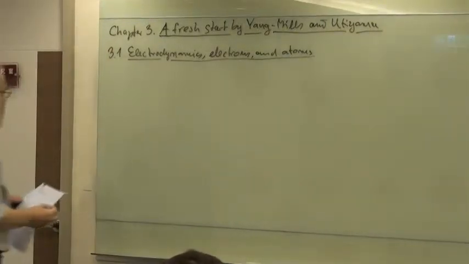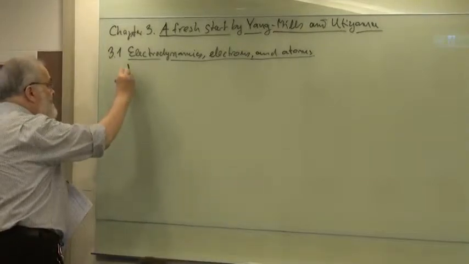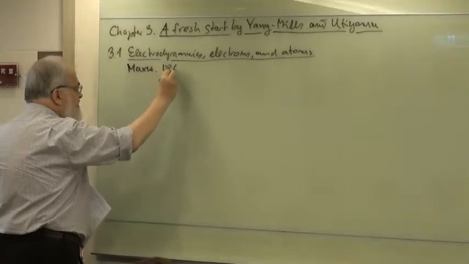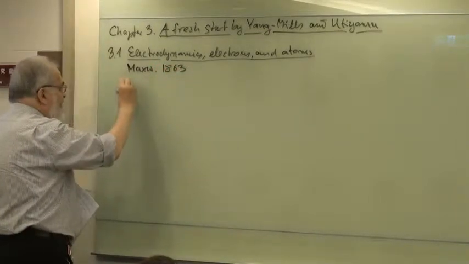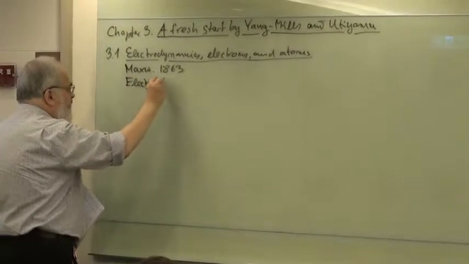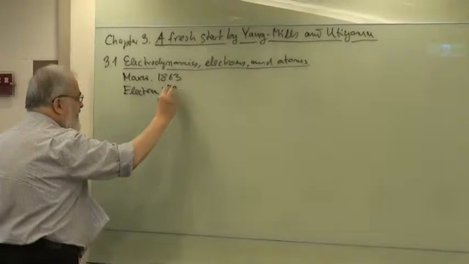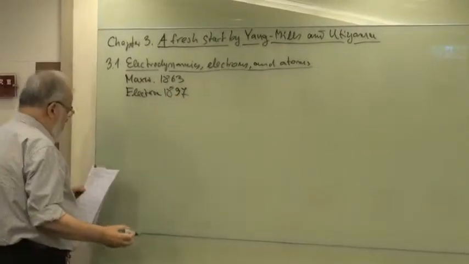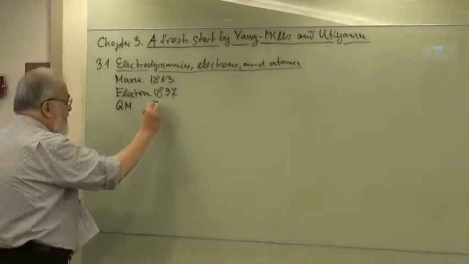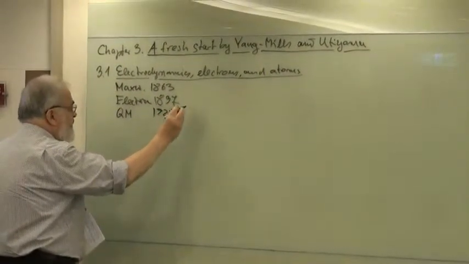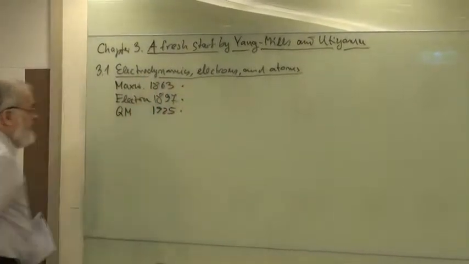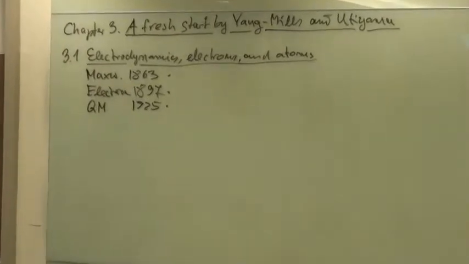In the case of electrodynamics, the Maxwell equations were formulated in 1863. Then the electron was discovered in 1897, and quantum mechanics in 1925, and these three discoveries relate to the words in my title.